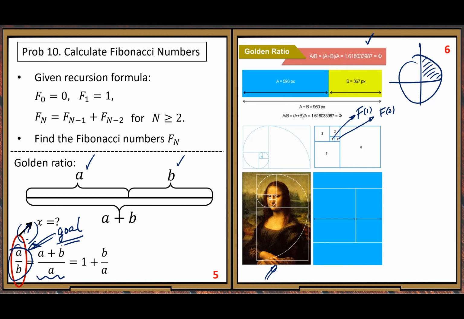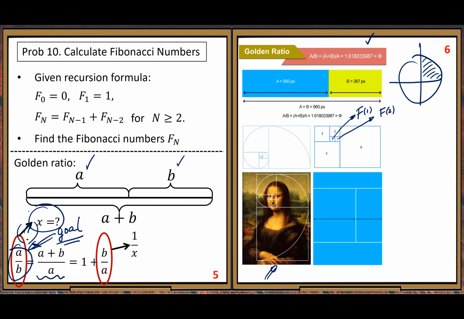So we want to convert it to a one variable equation. We just make this ratio one variable X. After that variable substitution, we can simplify our ratio equality in this way.